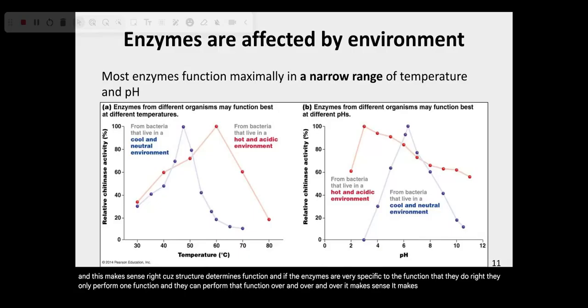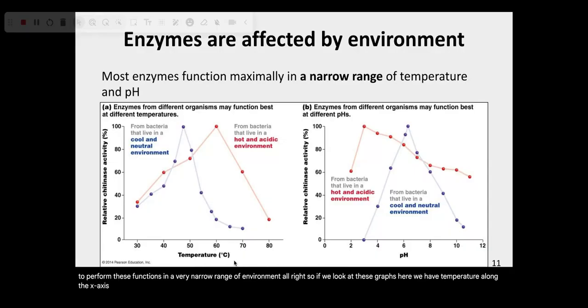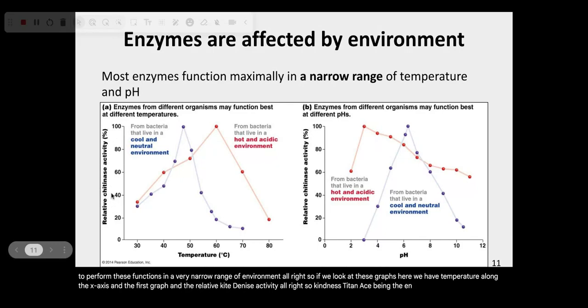It makes sense that they are only able to perform these functions in a very narrow range of environment. If we look at these graphs, we have temperature along the x-axis in the first graph, and the relative chitinase activity, chitinase being the enzyme here.